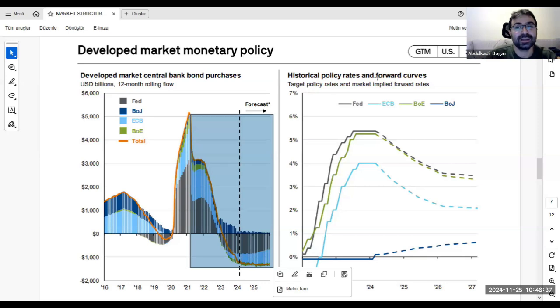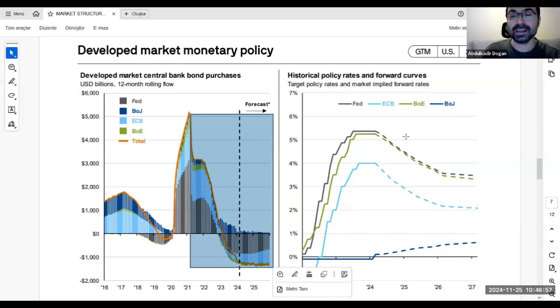And the historical policy rate and the forward curves here, as you see. Let me take a look at this one first. This is the historical policy rate of the Federal Reserve, ECB, the Bank of England and the Bank of Japan again.